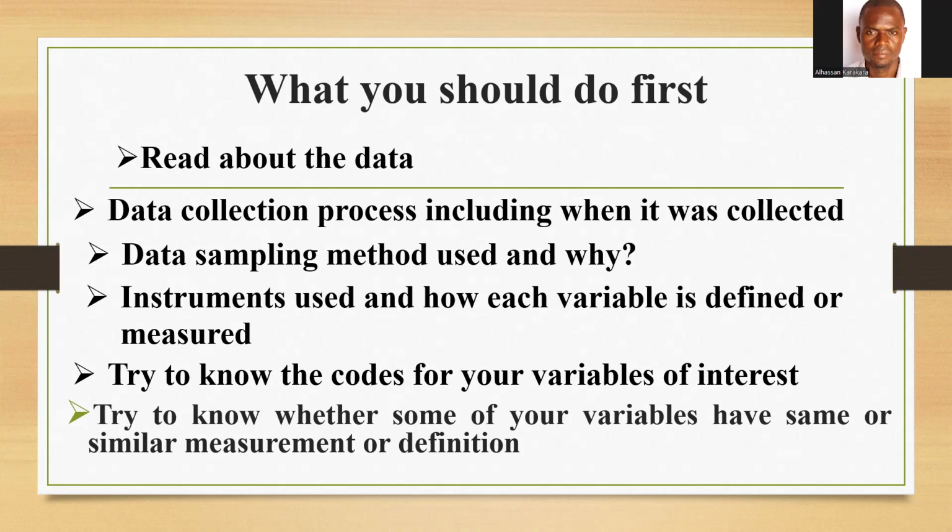If, for instance, you want to look out for income, you could have about three or four different incomes in the data. Try to read about how they are all measured. If one of them perfectly suits what you want to do, then it is that variable you should pick as part of your model in estimation.